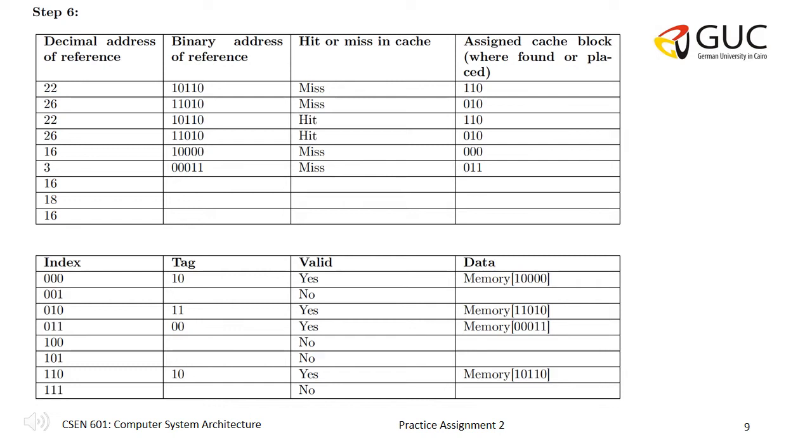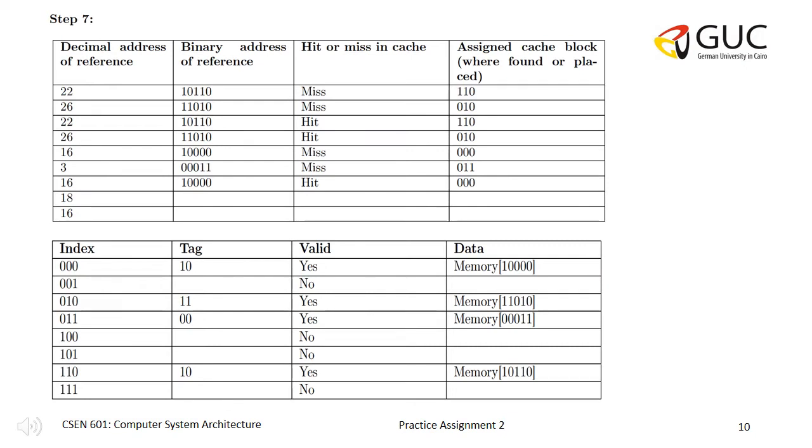We will find it no. So that means there is no data in this block of the cache, which means that this is considered a miss, and we put it in the table above. So after that, we insert the data into the cache, similar to what we did before with the previous addresses, and we put the tag and the data in the cache for retrieving it after that.